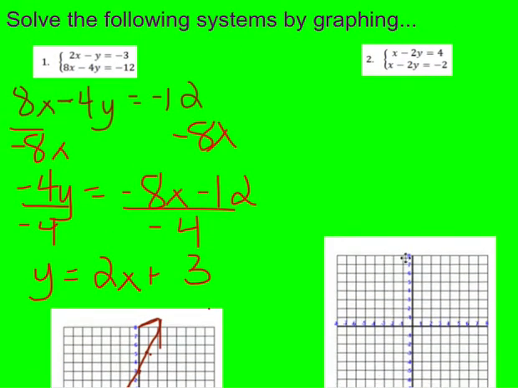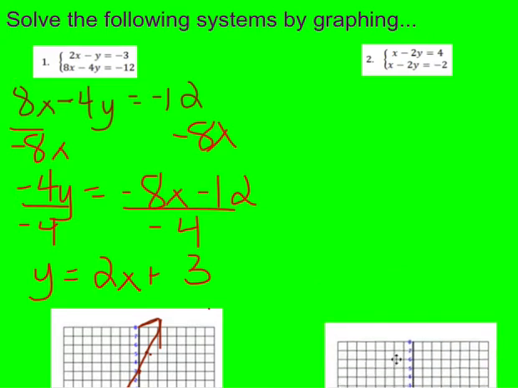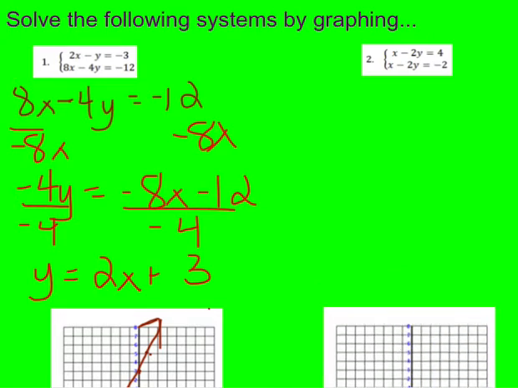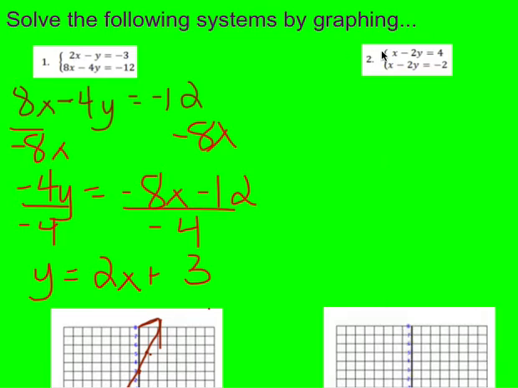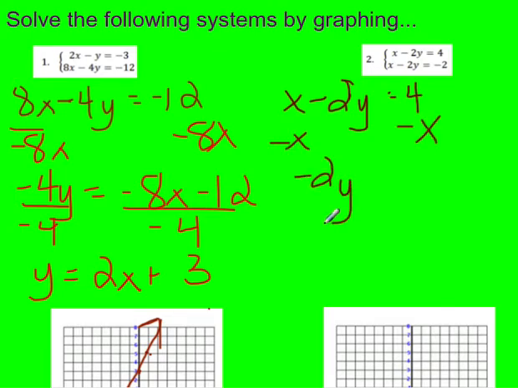So again, we have to solve to get it into slope-intercept form. So let's go ahead and solve that first one out. So we have x minus 2y is equal to 4. So now we're going to subtract x from both sides, and then we get a negative 2y is equal to a negative x plus 4.